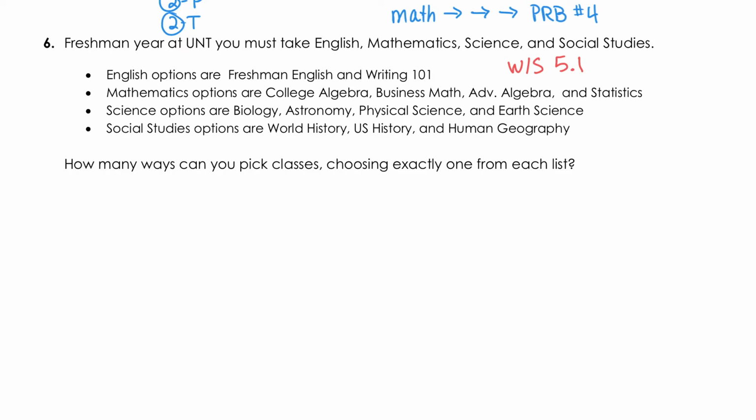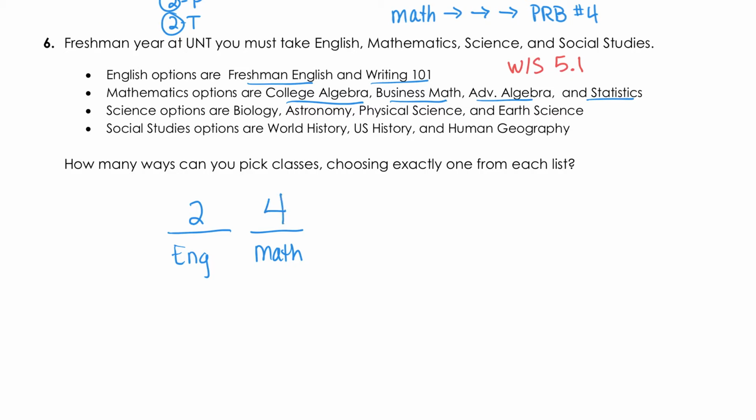There's even the answer key on my calendar. So we have options for English. For English, we have Freshman English and Writing 101. So we have 2 options. Then we have math: college algebra, business math, advanced algebra, and statistics.